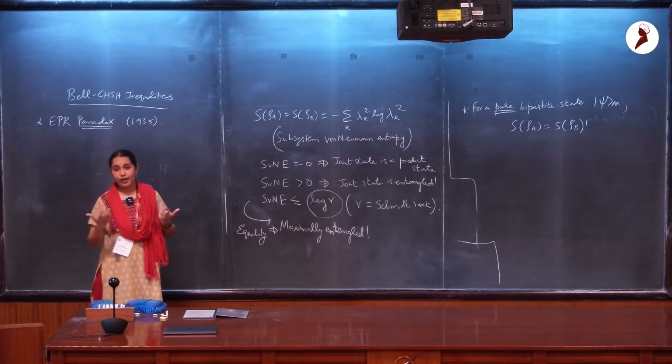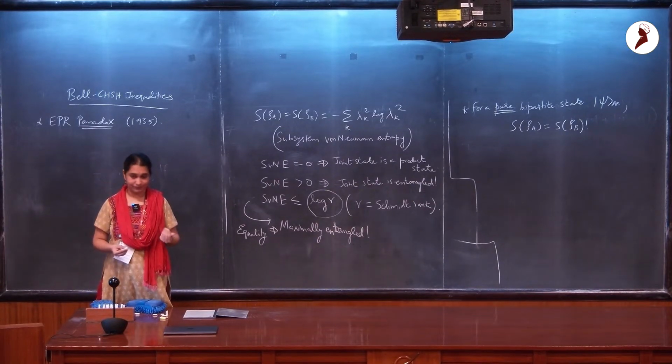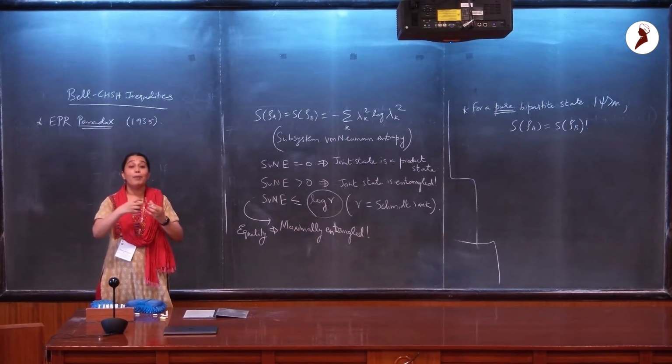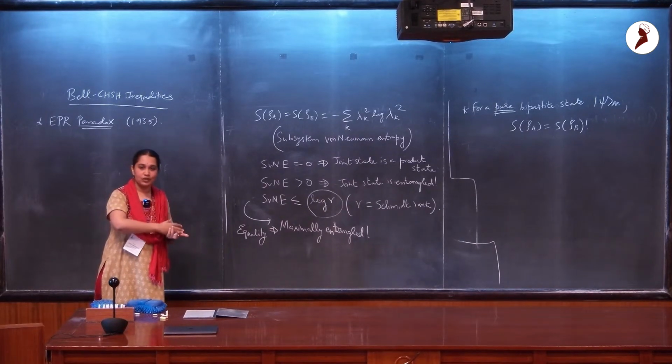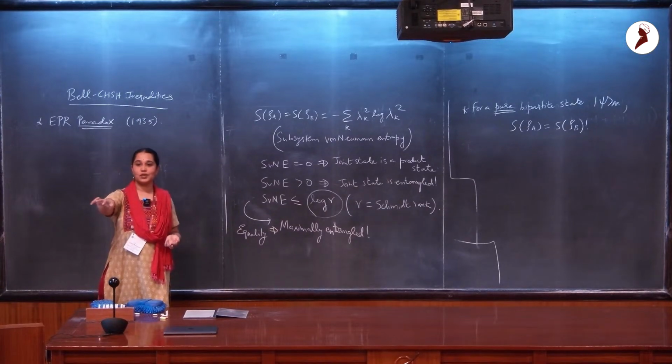So the way they phrased it is in terms of what they called aspects of reality. So the question was, position and momentum we know cannot be simultaneous aspects of reality of a physical system, but now if you have this entangled state, you make a measurement of position here, you know something about the position there, you make a measurement of momentum here, you know something about momentum there.